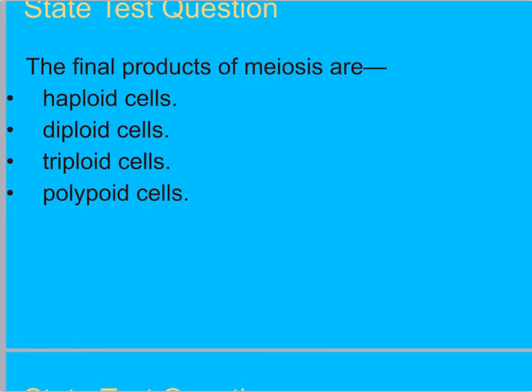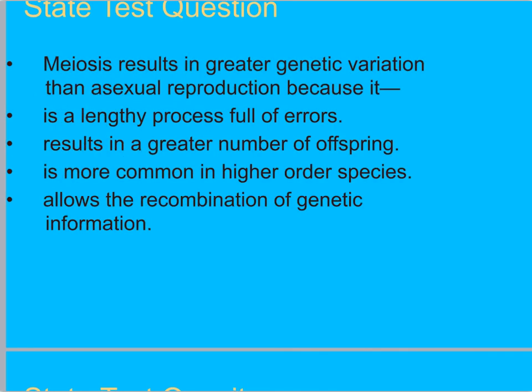The final products of meiosis are, like we just said, haploid. Meiosis results in greater genetic variation than asexual reproduction because it, and hopefully you recall, we talked a lot about this, it allows for recombination of genetic information.